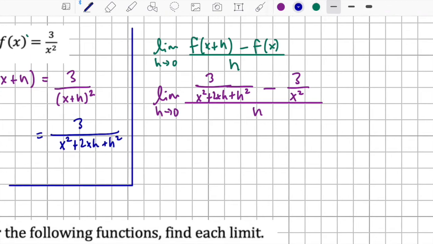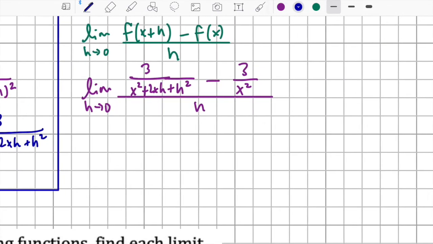So now what I want to do is simplify this complex fraction, this mess right here. So we need the common denominator. So limit as h approaches 0. Now, common denominator, I'm going to write it as one fraction.